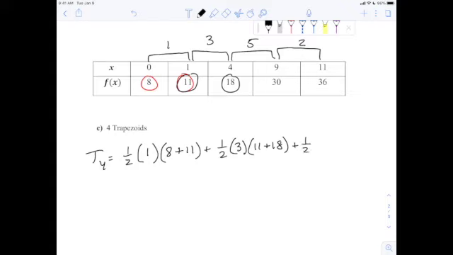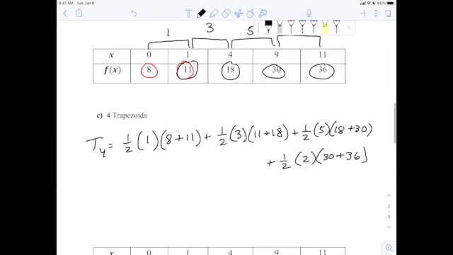Plus 4 to 9, 1/2 of that height of 5. The sum of the bases, 18 plus 30. And lastly, plus 1/2 that height of 2, 30 plus 36. And then, simplify this however you like, using your calculator or whatever.